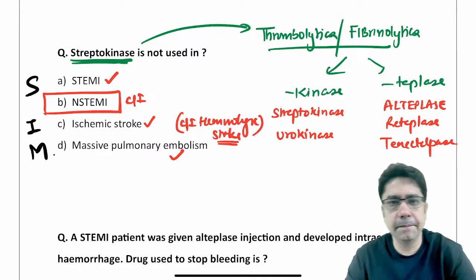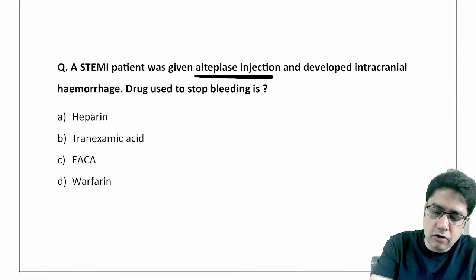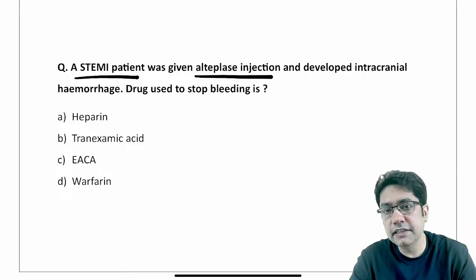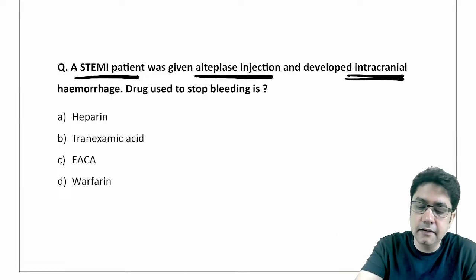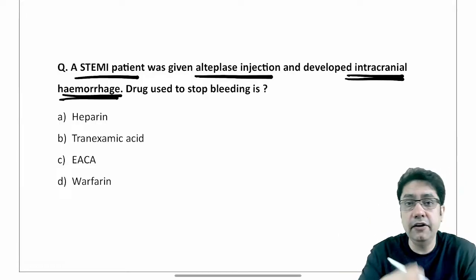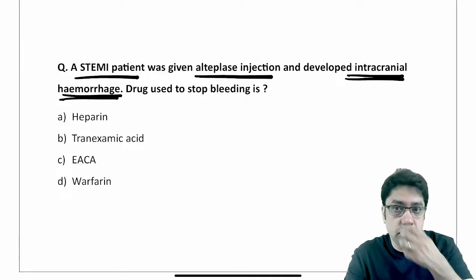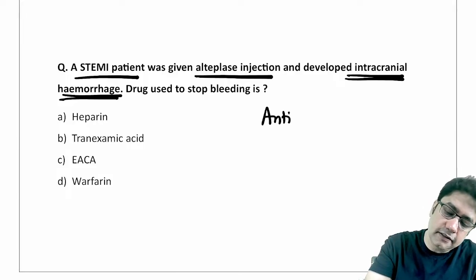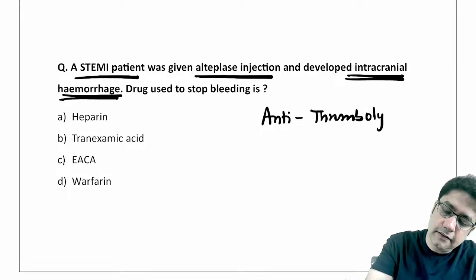SIM word, okay? A STEMI patient was given alteplase, which is a thrombolytic drug. Now, because of thrombolysis or removal of fibrin, there is some internal bleeding. The patient developed intracranial hemorrhage. Yes, you have removed fibrin. So the drug which is used to stop this bleeding is antithrombolytics. What is the antidote of thrombolytics?